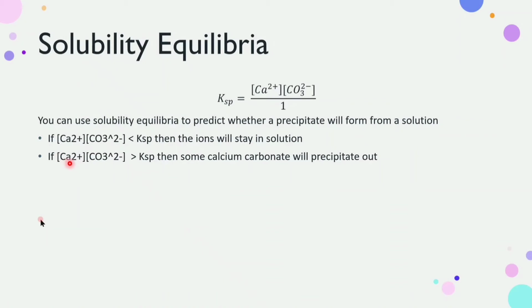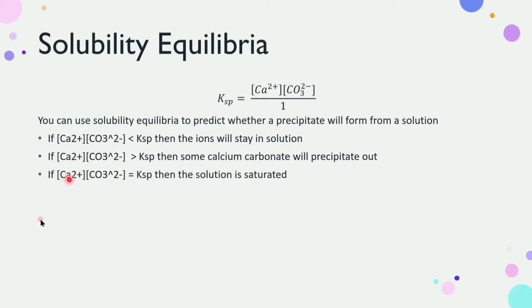If our calcium ion concentration times our carbonate ion concentration is greater than our fixed value for Ksp, then some of our calcium carbonate will precipitate out. A good proportion of it will stay in solution, however the excess above our Ksp value will precipitate out as calcium carbonate.